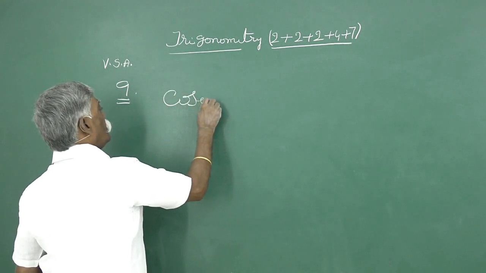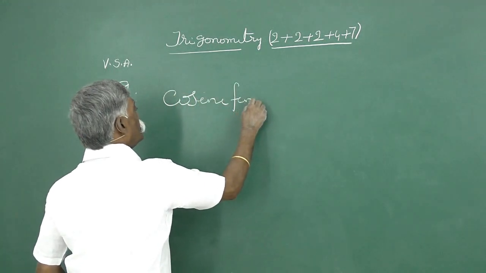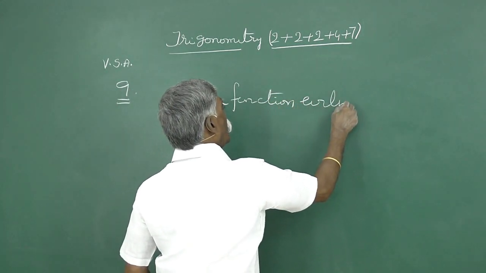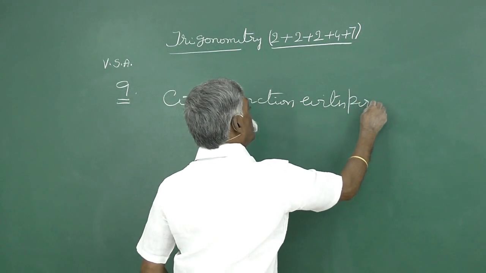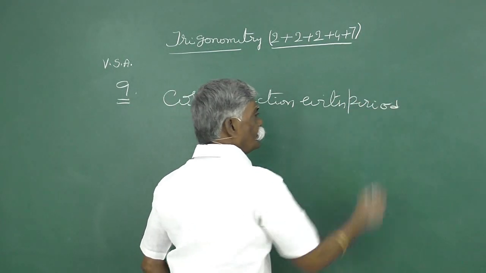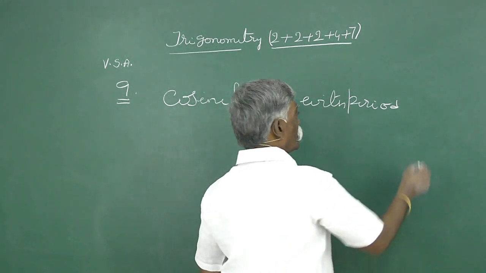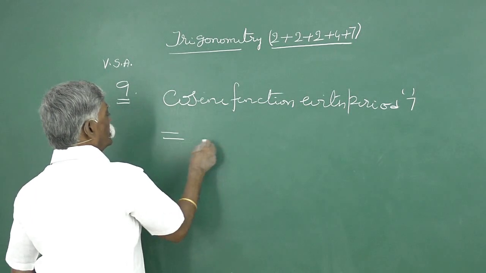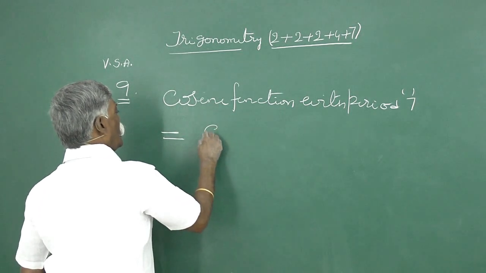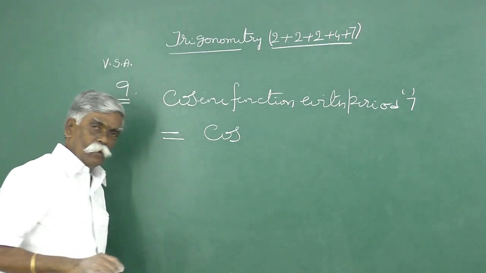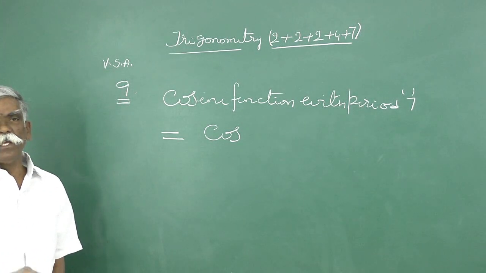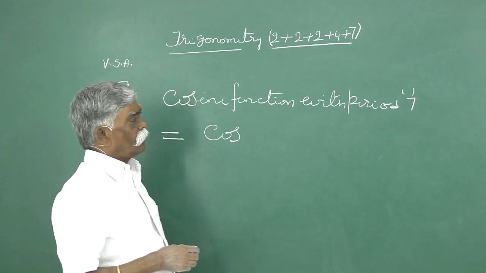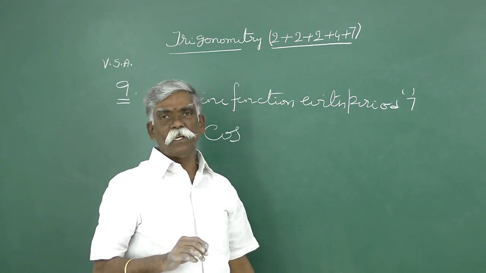Cosine function with period 7 is equal to, since it is a cosine function, it is cos, and the period of any cosine function is 2 pi, but here the period must be 7.